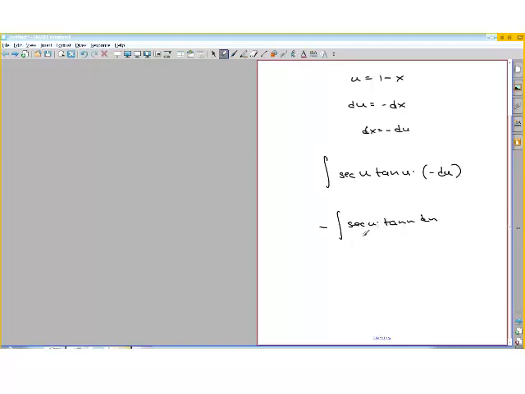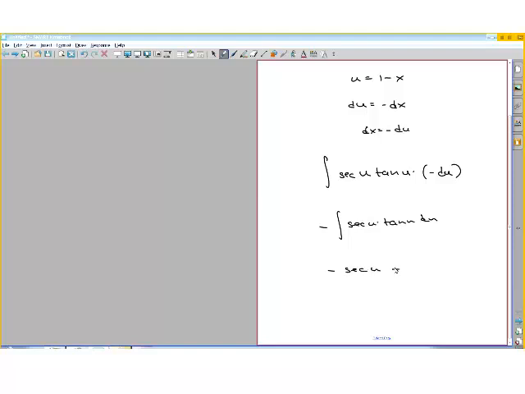If you go to page 250, you'll find that the integral of the secant tangent is the secant. Let me just check that for sure. I'm pretty sure that's what it is. And secant tangent is secant.